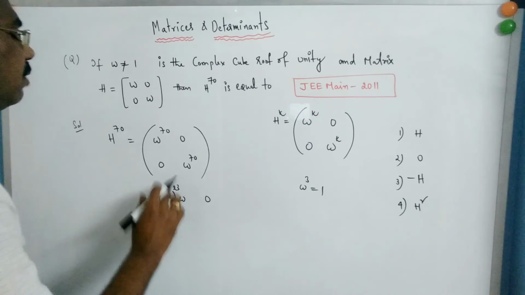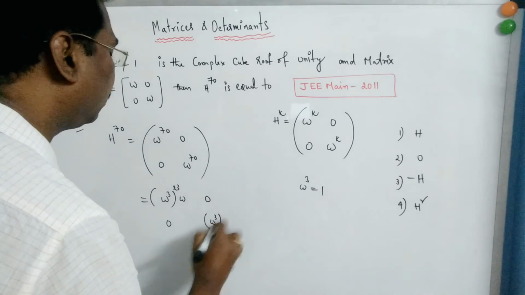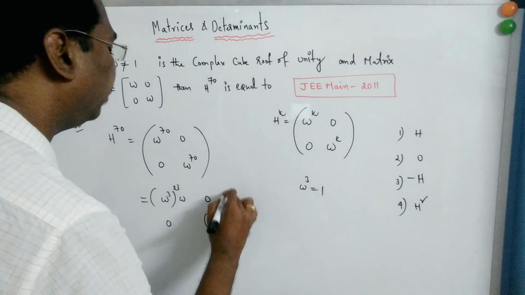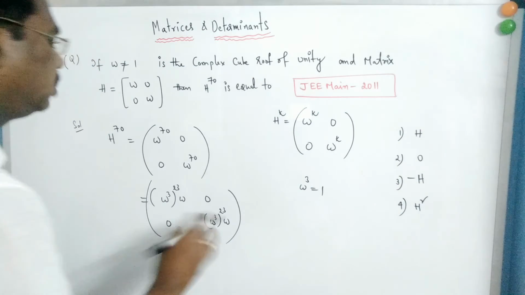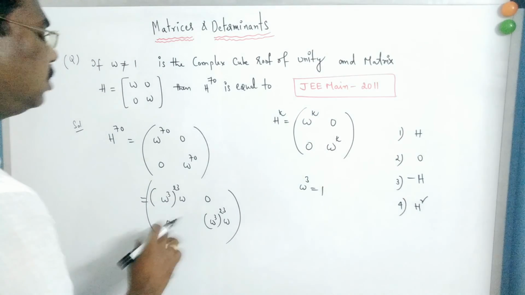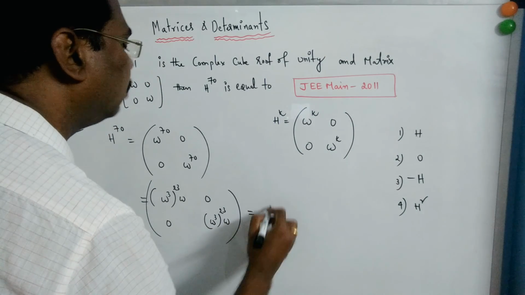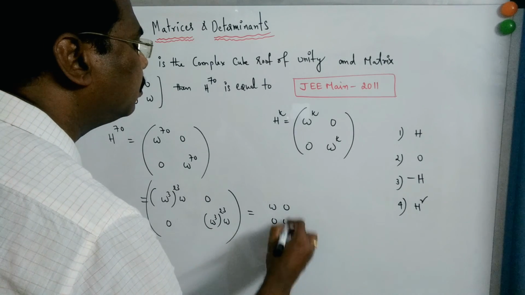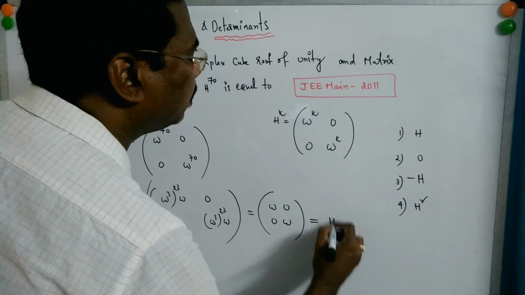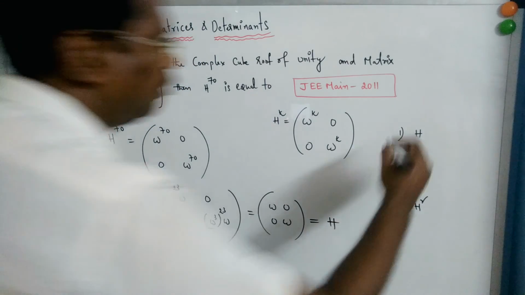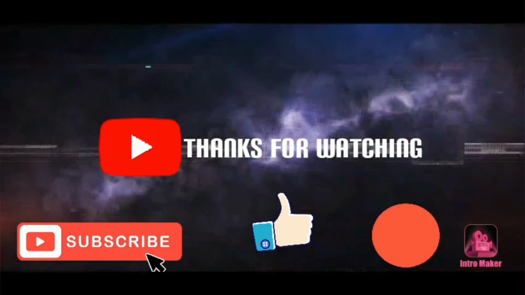Now omega cube power 23 into omega, 0, 0, omega cube power 23 into omega. Now with that value 1, we get omega 0, 0 omega, which is equal to H. Therefore, option 1 is the correct one.